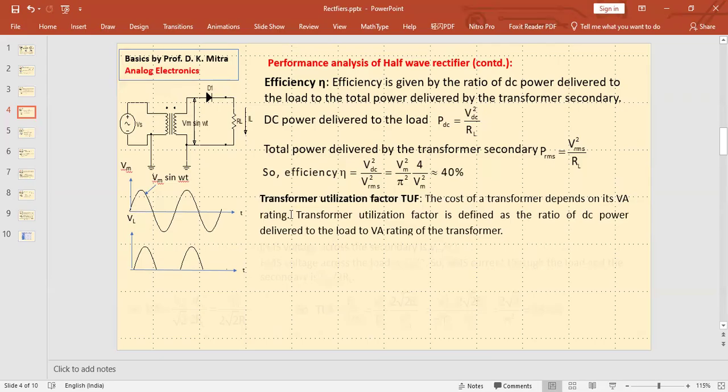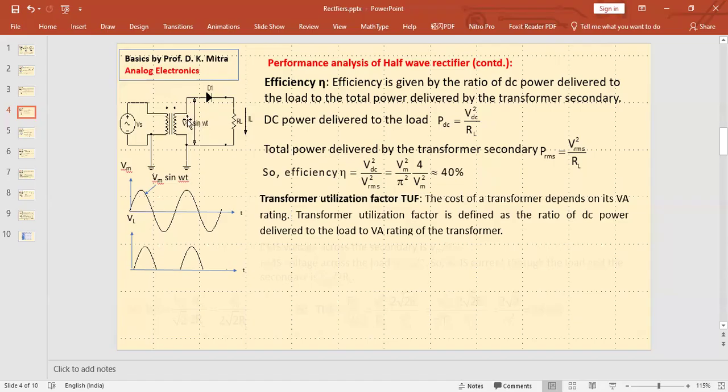You might have seen roadside electricity supply corporation transformers. It is written 400 VA transformer, 200 VA transformer. VA is voltage multiplied by ampere. So the cost of the transformer is normally related to its VA rating, right?